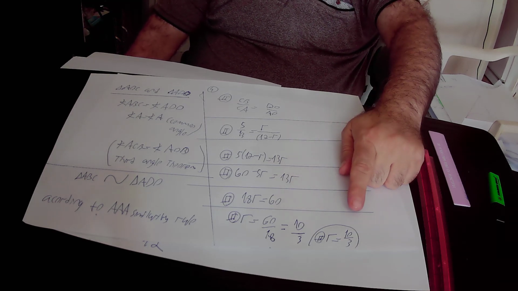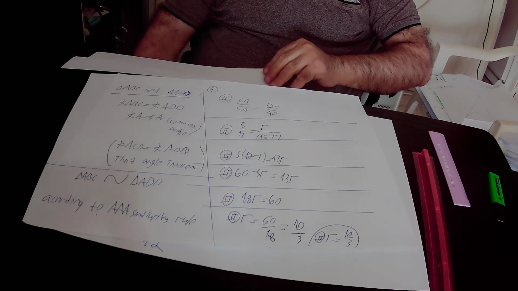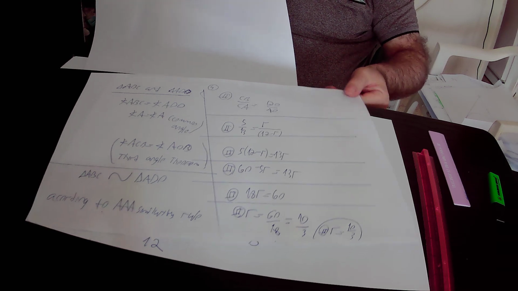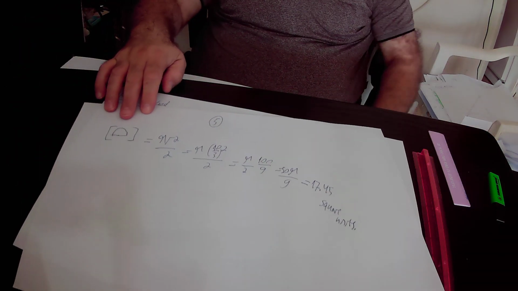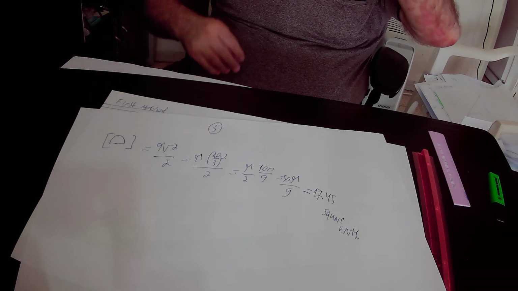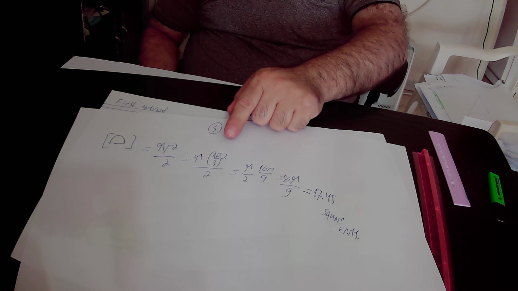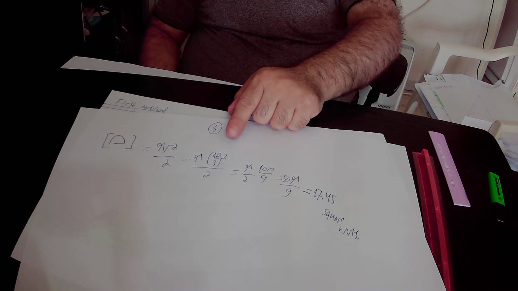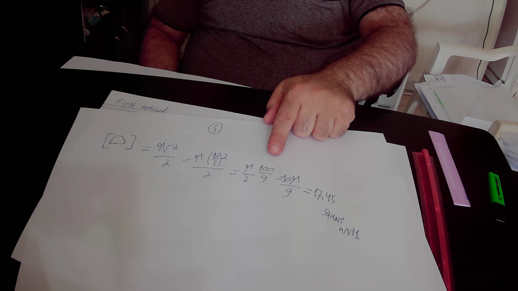So in conclusion, the radius of the semicircle equals 10 over 3 units, and therefore the area of the semicircle equals pi r squared over 2, that is, pi over 2 times r squared, where r is 10 over 3, and 10 over 3 squared equals 100 over 9, so we have pi over 2 times 100 over 9.